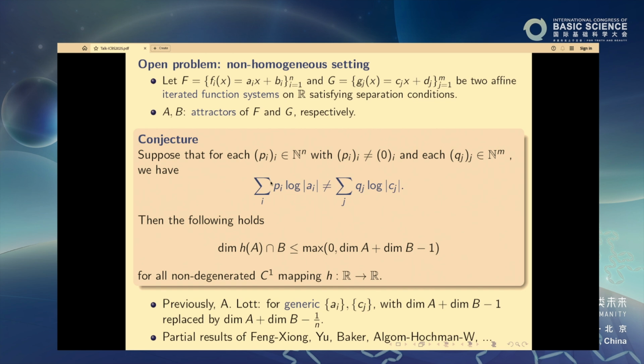But now consider the case when the a_i could be different, say 1/2, 1/4, or 1/2 and 1/7, and the c_j could be 1/3, 1/5, for example.